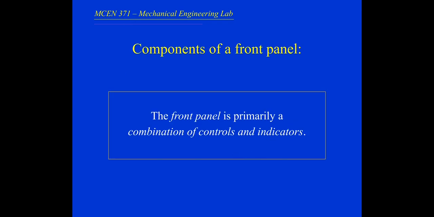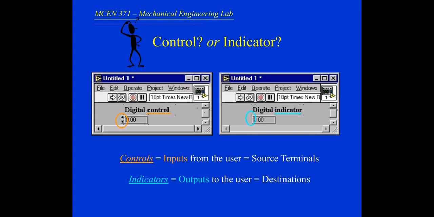The front panel is a combination of controls and indicators. Indicators can be more complicated, such as working with an oscilloscope, so it can plot. It can make plots in time, or plot voltage against current, etc. Quite many things can be done.